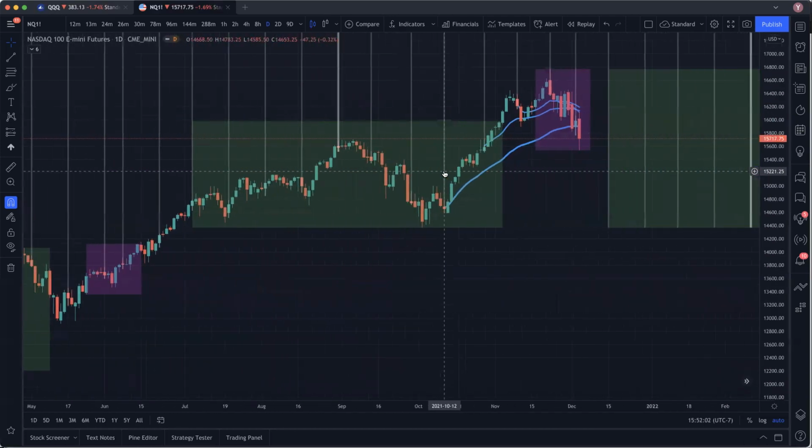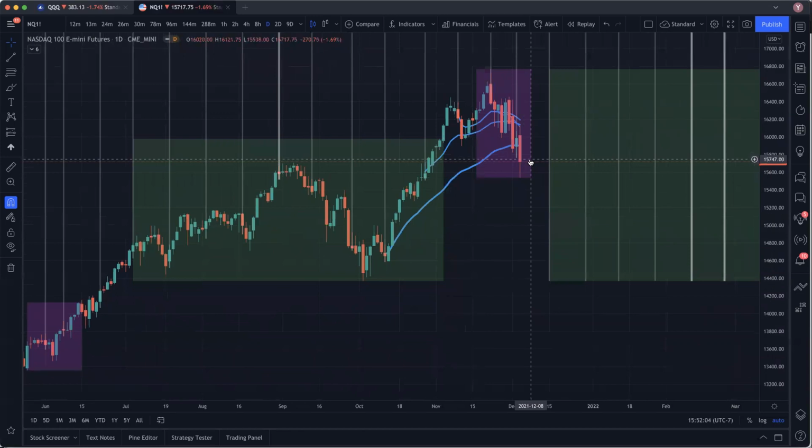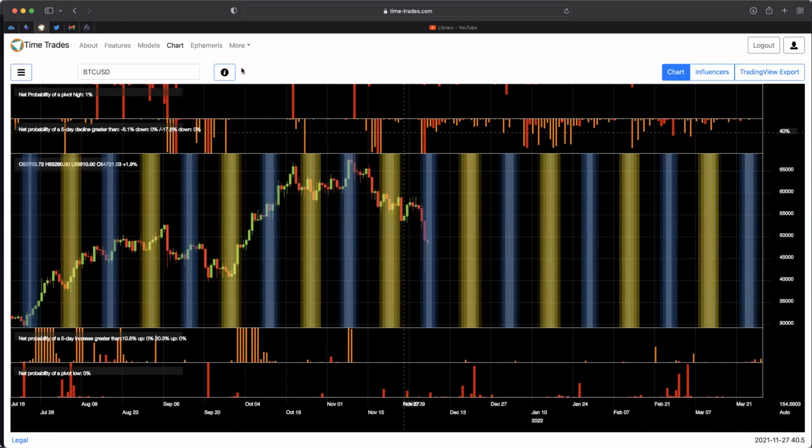That being said, I think we need to just be very defensive coming into this black period, because that's where we tend to see some of the bigger moves. It wouldn't surprise me if price chops around a bit here in purple before really asserting itself in this black period. So let's take a look at Time Trades for the Qs and see what it's telling us.